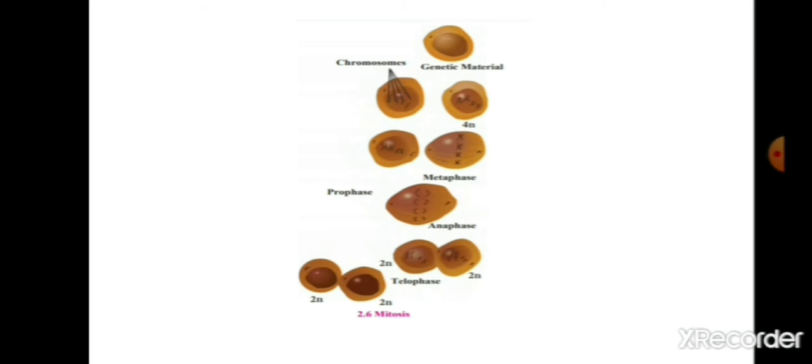Nuclear membrane is formed around each set of chromosomes reached at the poles. Thus, two daughter nuclei are formed in the cell. Nucleolus also appears in each daughter nucleus. Spindle fibers completely disappear. Now let us go through the cytokinesis.